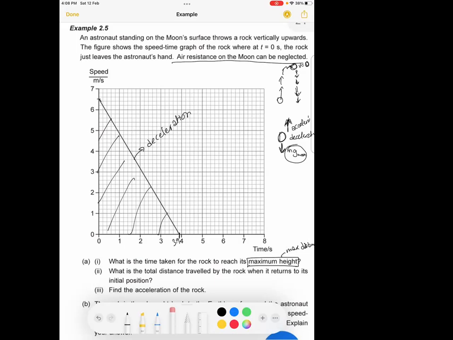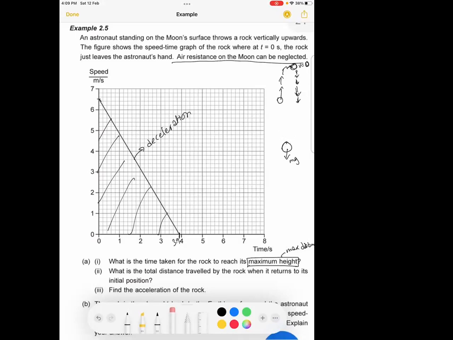Yeah, so about this, I know it's a bit confusing, but you'll learn about force and acceleration in the next chapter. But just know that because there's only downward gravity and no force going upwards, this is actually deceleration.